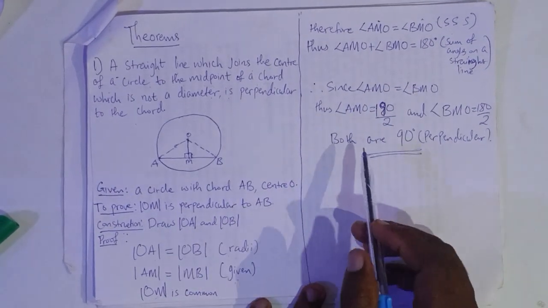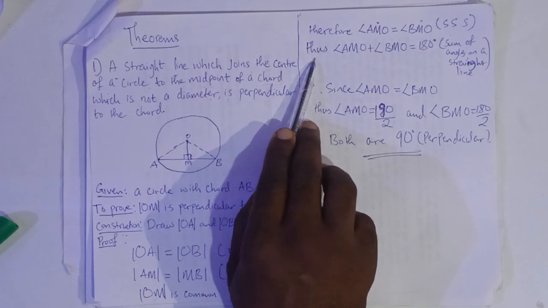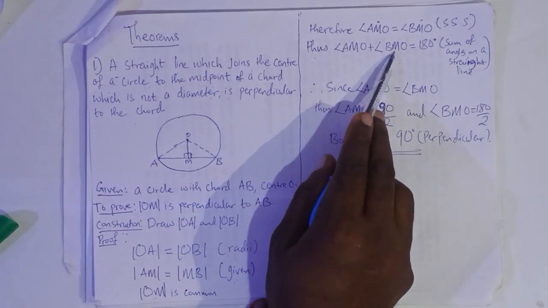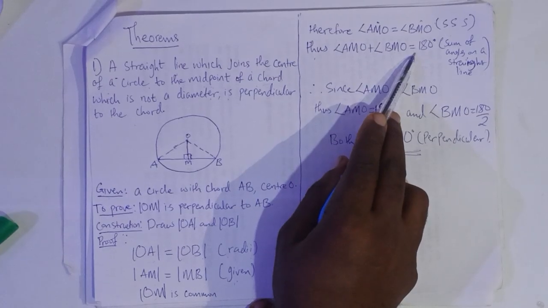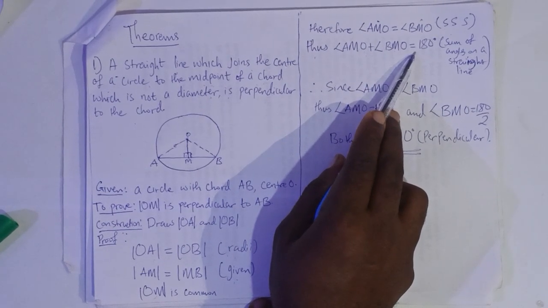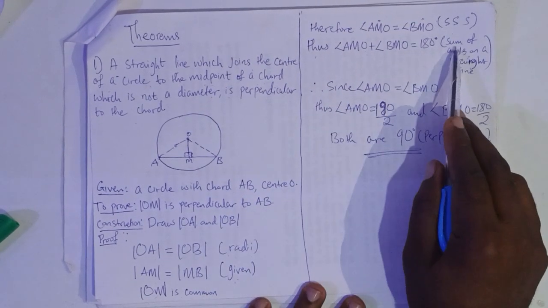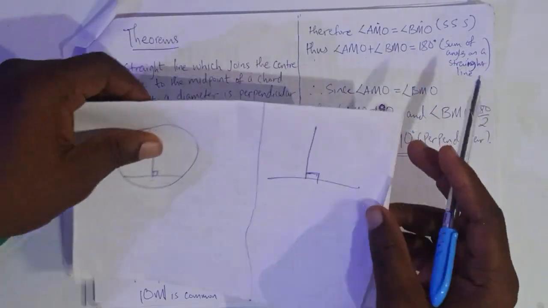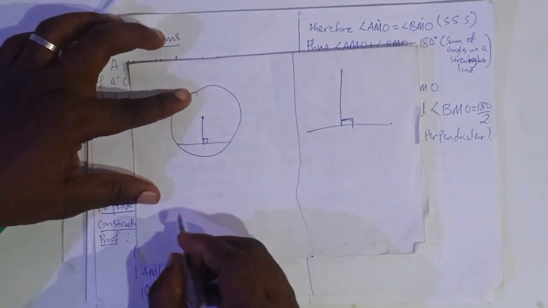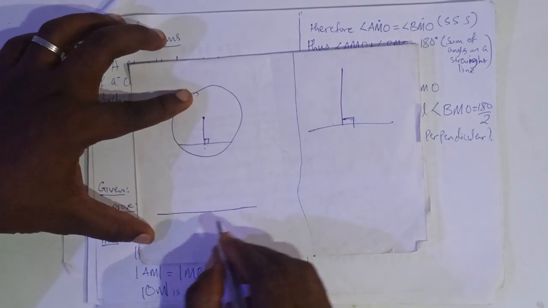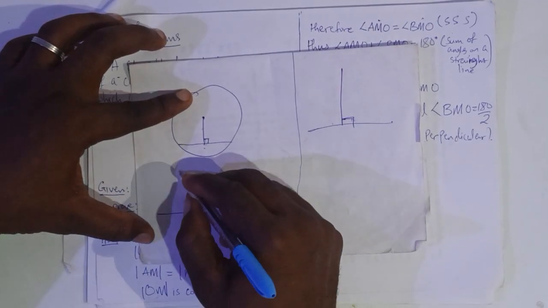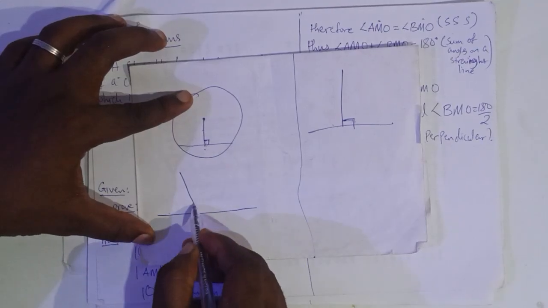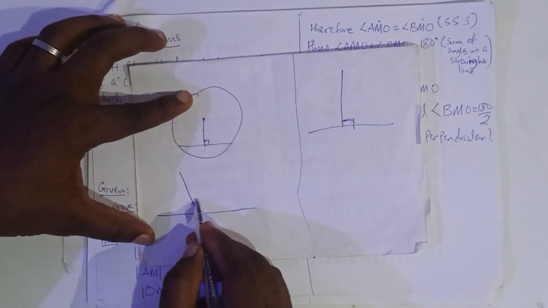Now the next step, thus angle AMO plus angle BMO is equal to 180 degrees. Remember, you must give your reason. And what's the reason? Sum of angles on a straight line. Now this is something you should remember, because when you have a straight line, let's say you have a line that is cutting across here, what is the value of this angle plus this angle?